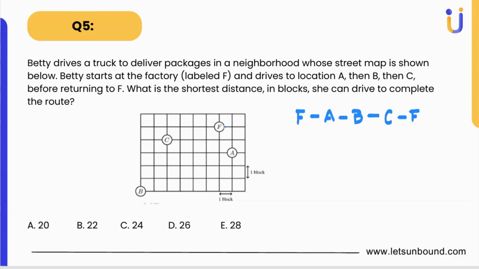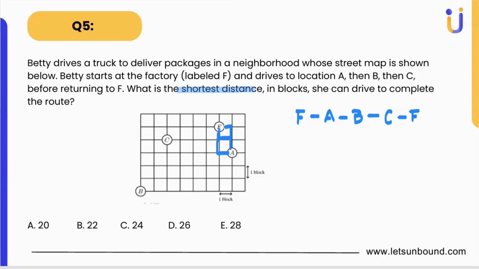Now, here as you can see, there are squares being made, but we have to find the shortest distance to travel from one place to another. Let's take the easiest example, which is to go from F to A. I could go this way, or I could go in a slightly tilted manner, right?